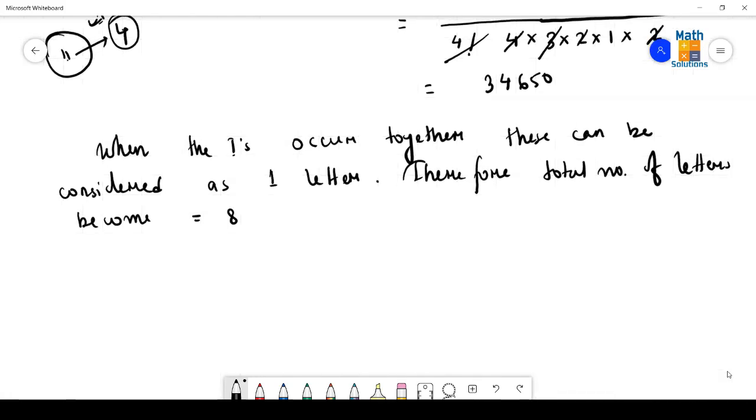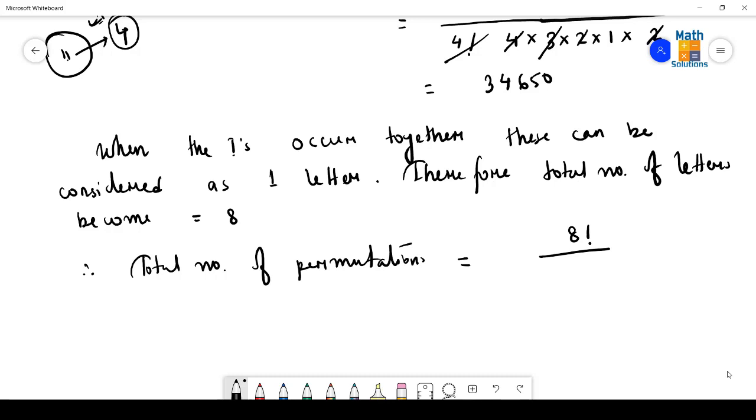Then, the total number of permutations will be equal to 8 factorial divided by 4 factorial into 2 factorial.